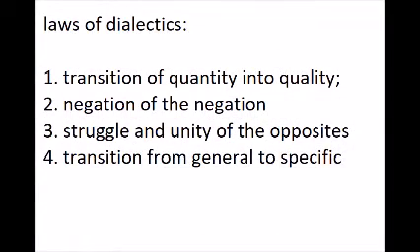We can call this the fourth basic law of dialectics, after 1. Transition from quantity to quality, and vice versa. 2. The law of negation of the negation, also known as thesis, antithesis, and synthesis. 3. The struggle and interpenetration of the opposites.